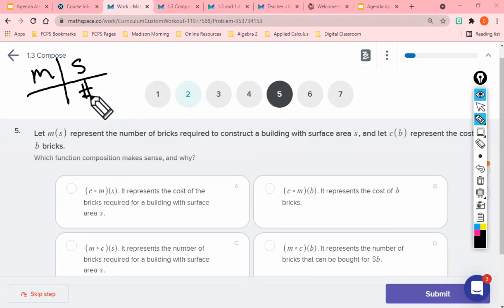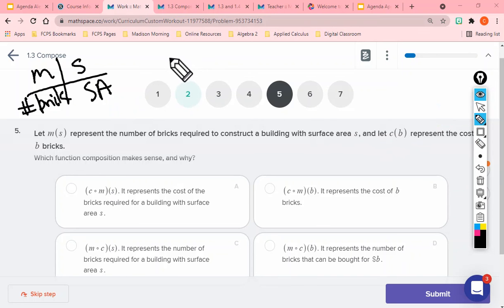Okay, so this is number of bricks. I'm giving these things titles. And with the surface area, nope, this is number of bricks. Okay, I'm gonna make sure I do it right. This one is surface area.